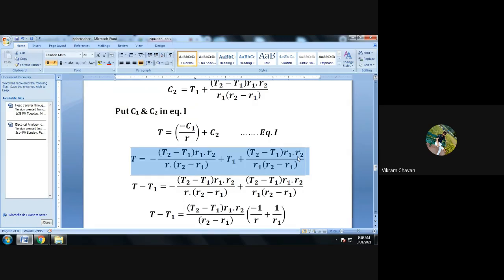Now further, we shift this T1 to the other side, so plus T1 will become minus T1.